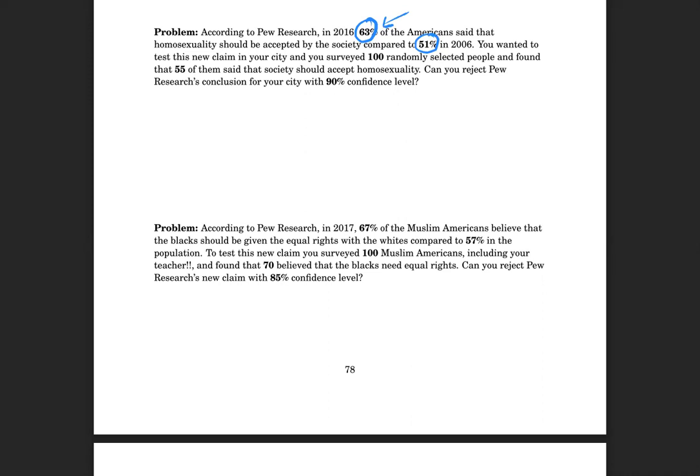You surveyed 100 randomly selected people and found that 55 of them said that society should accept homosexuality. Can you reject Pew Research's conclusion for your city with 90% confidence level?